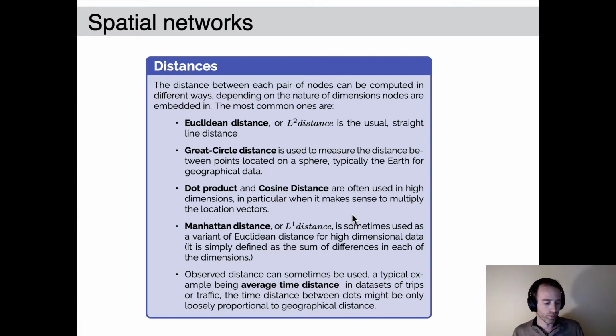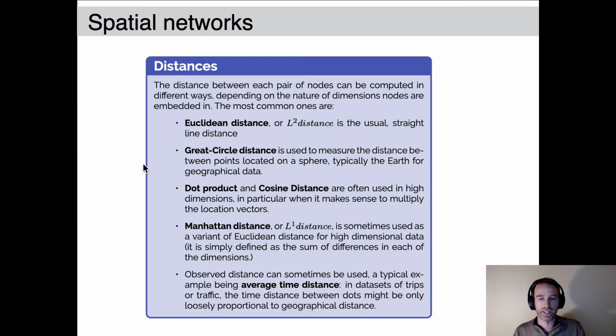Even if you have one attribute, two attributes, or 100 attributes, from these coordinates in the space, you can define a notion of distance. And so between each pair of nodes, there is a distance between them. Several notions of distance exist. The simplest one is usually the Euclidean distance.